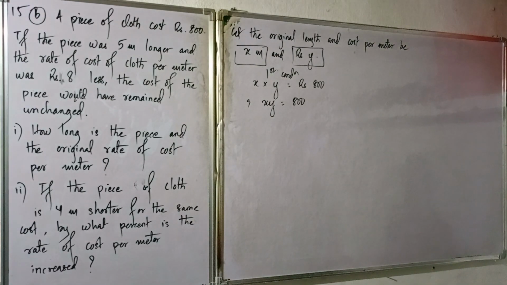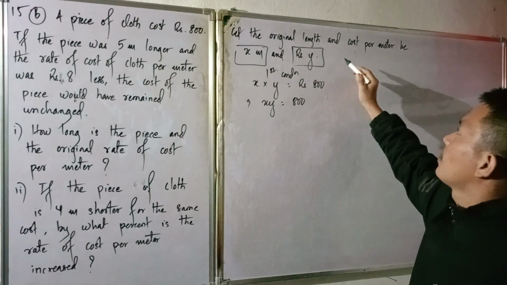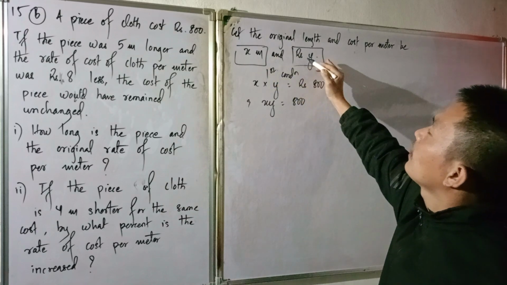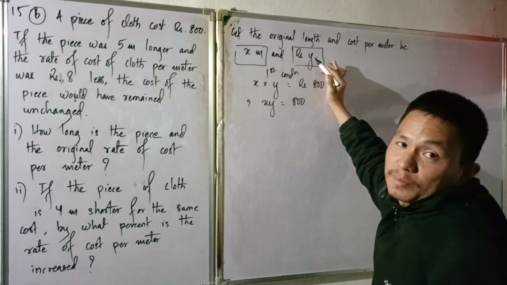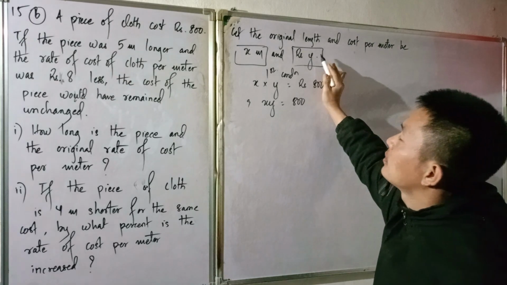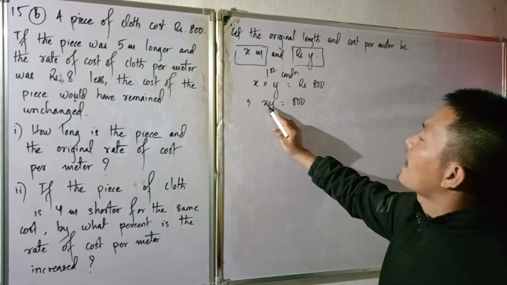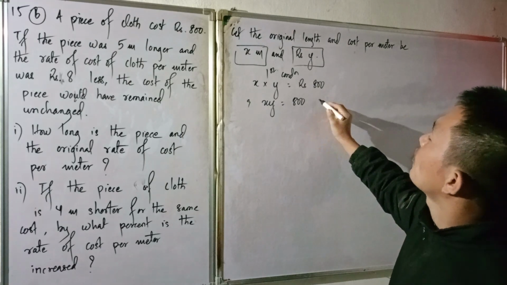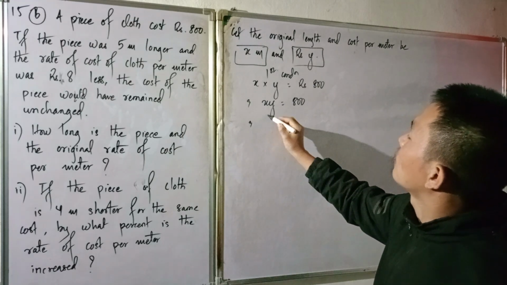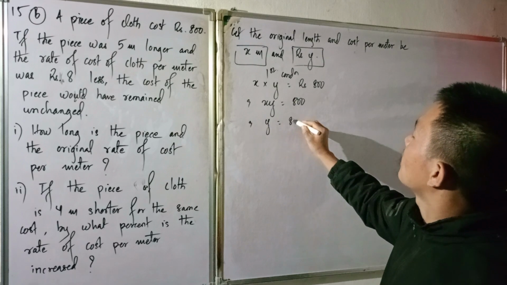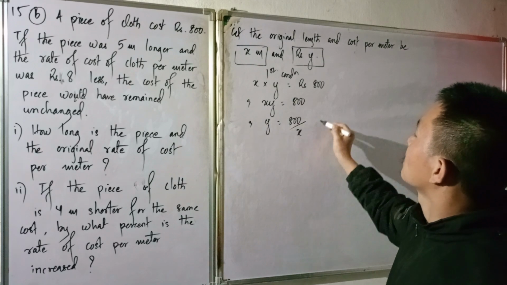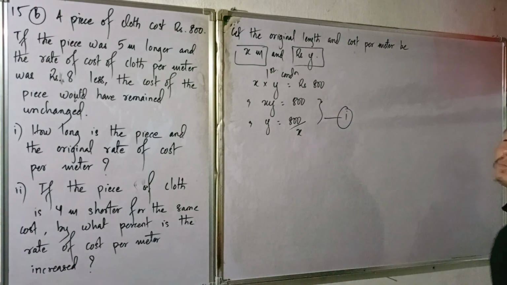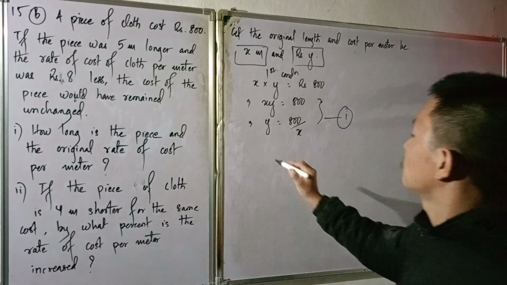The cost of x meters of cloth at rupees y per meter is given by x times y is equal to rupees 800, which gives xy equals 800. Or you can write y is equal to 800 divided by x. So both of these we can write as I. Okay, now the second condition.